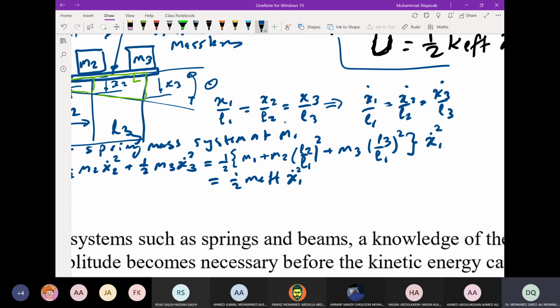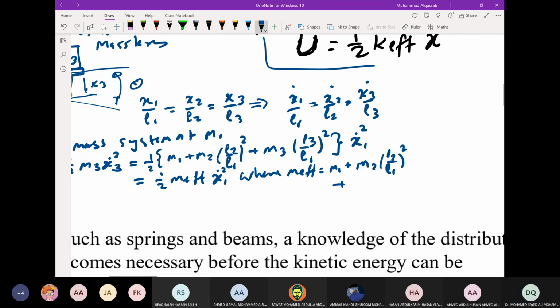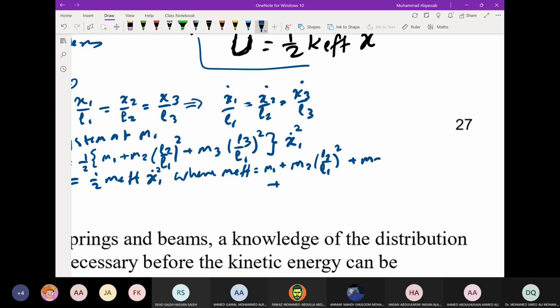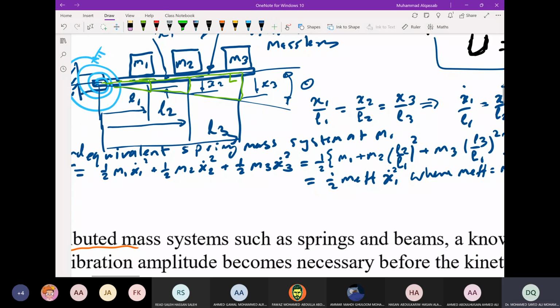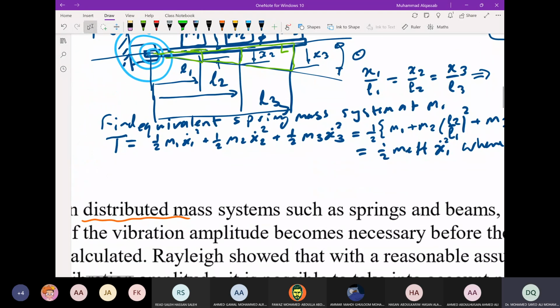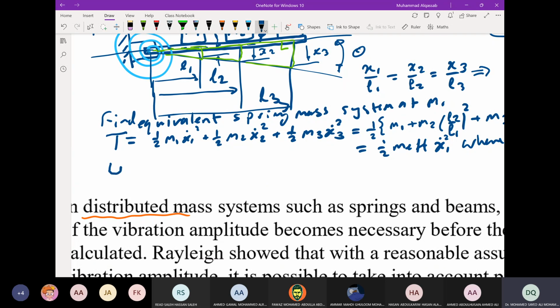So that is the M effective here: it is M1 plus M2 times L2 over L1 squared plus M3 times L3 over L1 squared. To get the spring equivalent at M1, we need to use the potential energy.